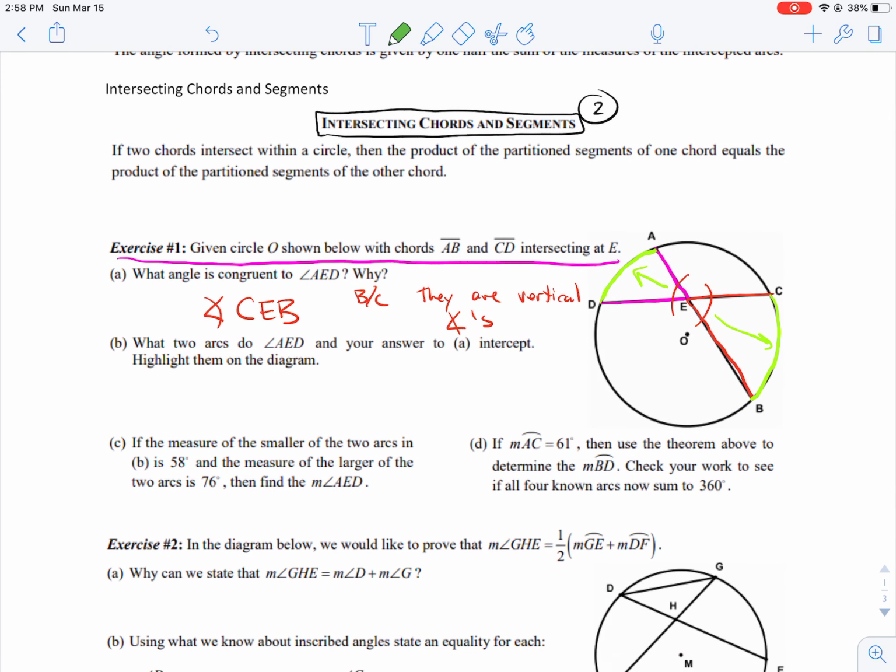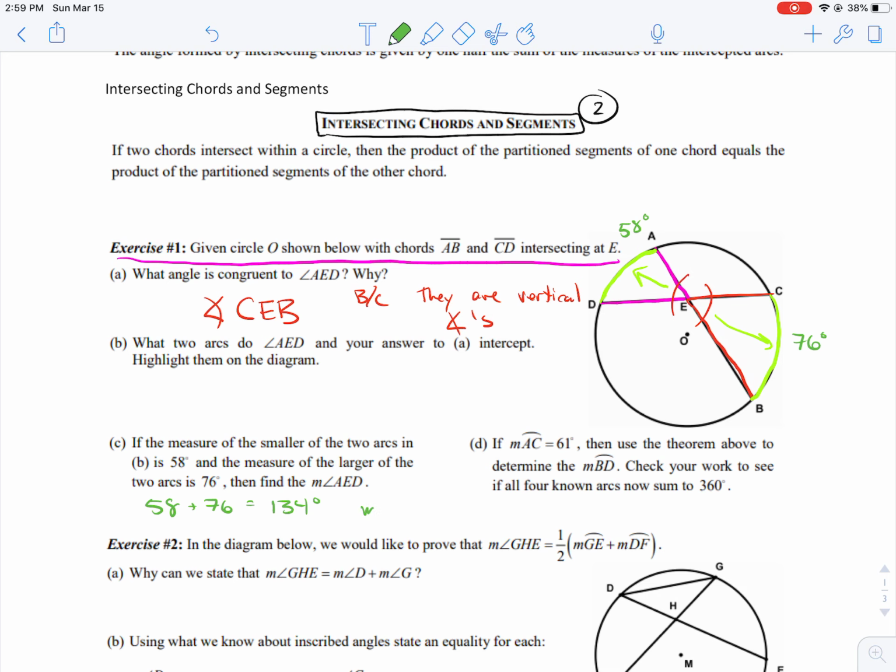It says if the measure of the smaller of the two arcs in B is 58, clearly this one would have to be the smaller one just going by the size, and the measure of the larger one is 76 degrees, find the measure of AED. Using our property, we would say 58 plus 76 is equal to 134 degrees.